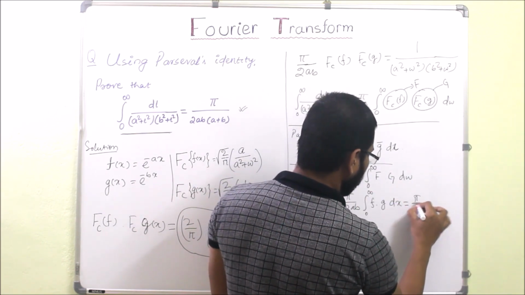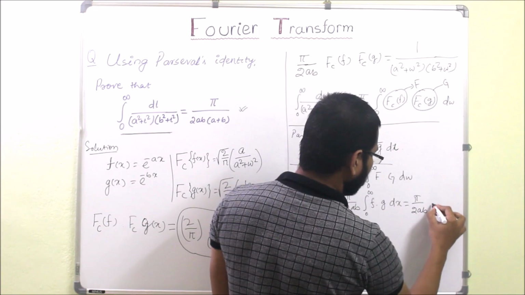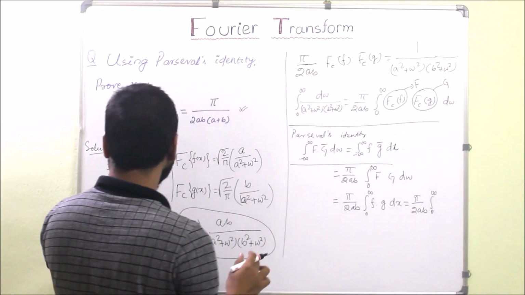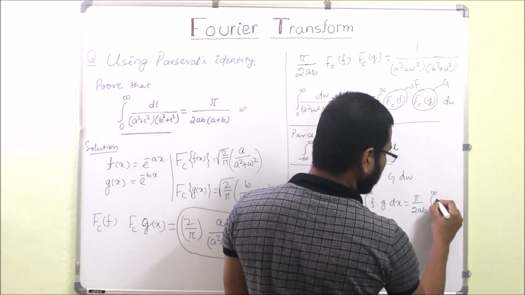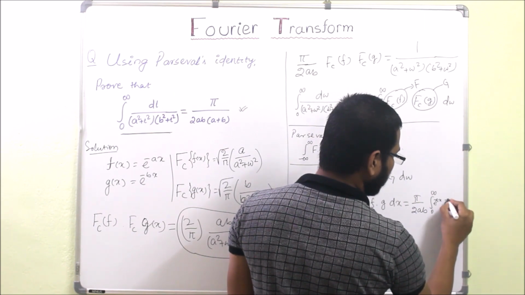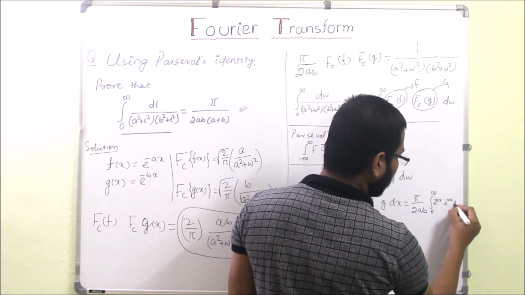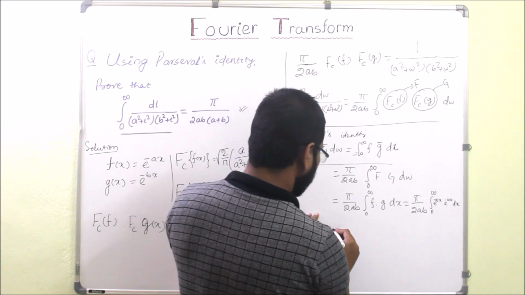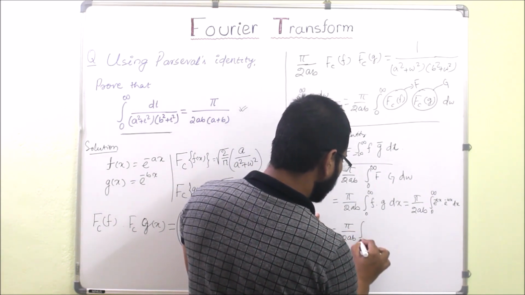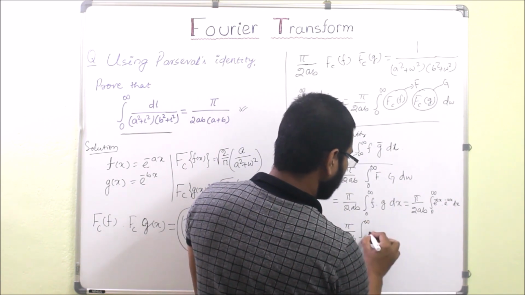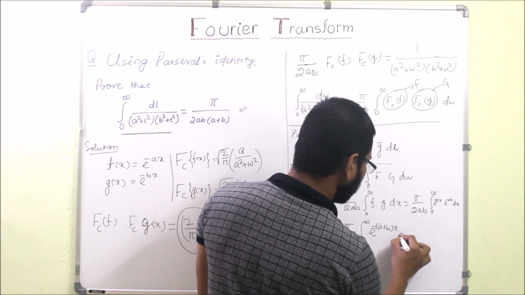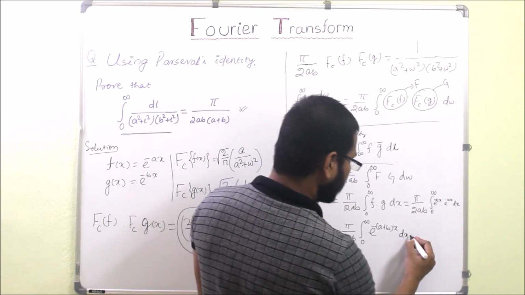Now what are f and g that we have to see. From 0 to infinity, f is e to the power minus ax, so we write e to the power minus ax into e to the power minus bx for g, dx. Now if I simplify, it will be pi by 2ab, integration from 0 to infinity of e to the power minus (a plus b)x dx.